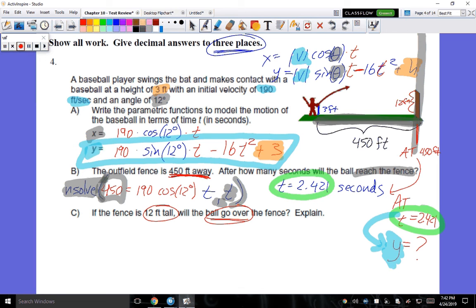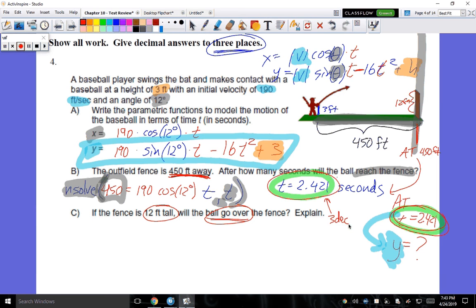So let's go to our y parametric function, and we're going to plug in this t value of 2.421. Now I teach my students that as you are inputting numbers, like we just answered part B, and you notice that I rounded to 3 decimal places.